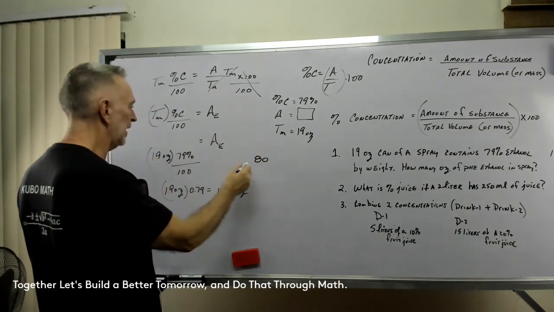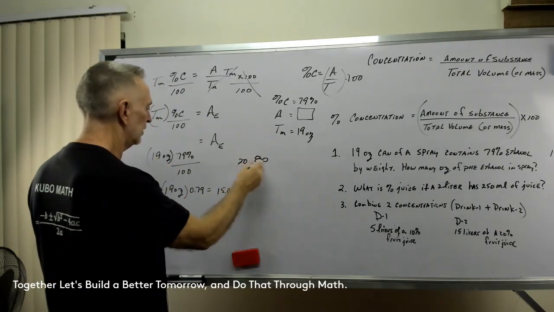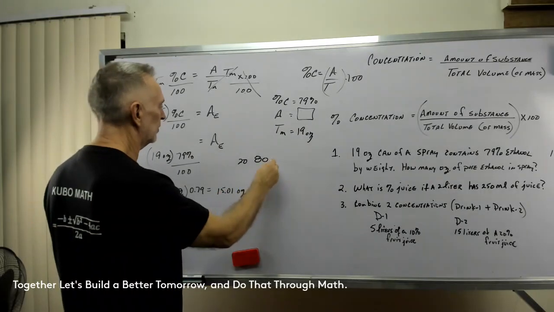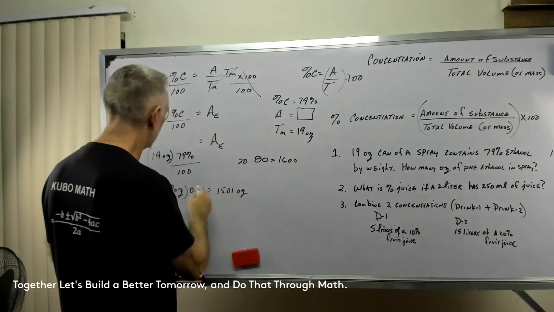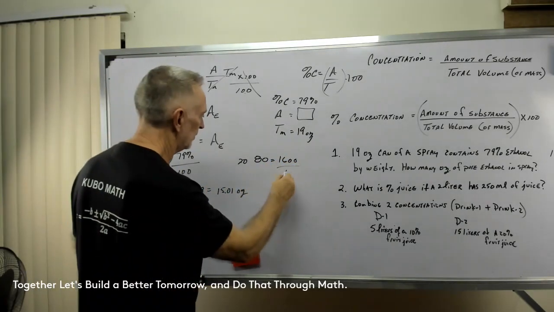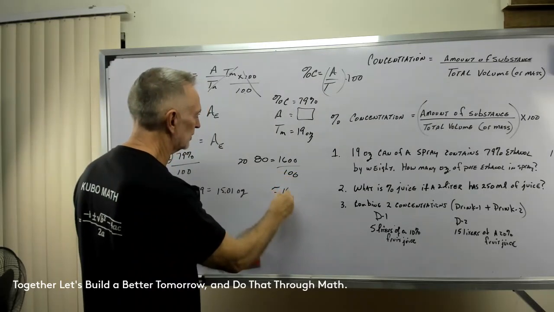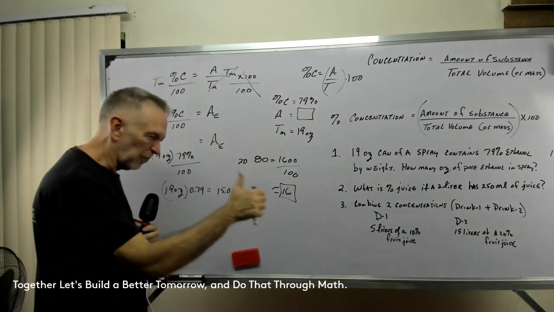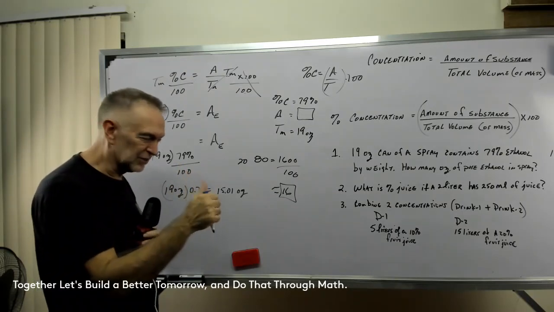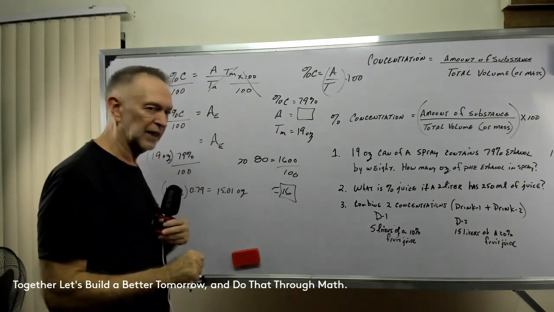And that's about 20. So if I multiply those two together, I get 1,600. Now I divide it by 100, I get 16. So the answer is somewhere around 16.